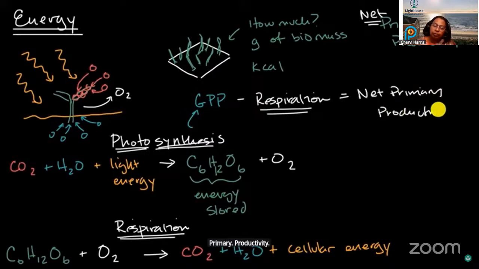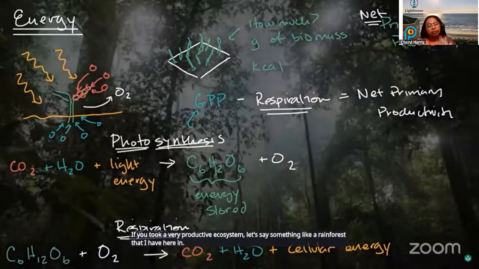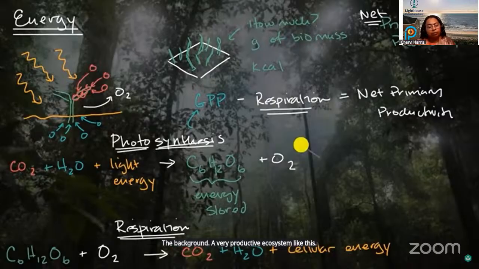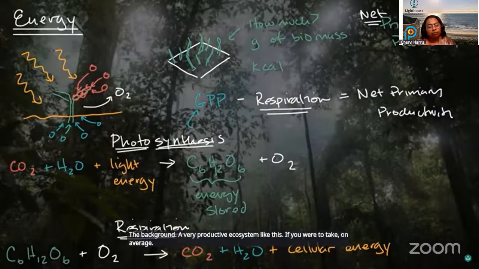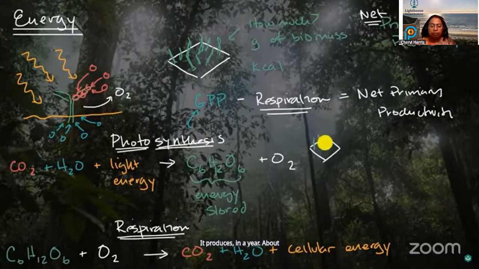And as I mentioned, just to make things a little bit tangible, if you took a very productive ecosystem, let's say something like a rainforest that I have here in the background, if you were to take, on average, a square meter of this, it produces in a year about 2,000 grams of biomass.